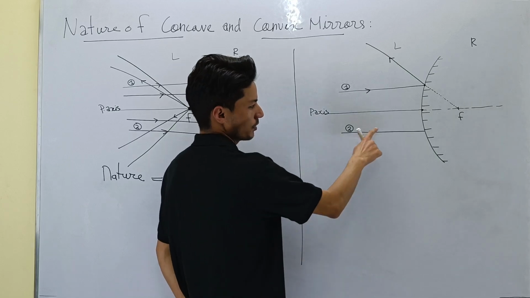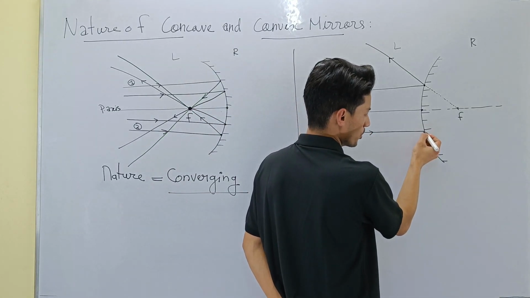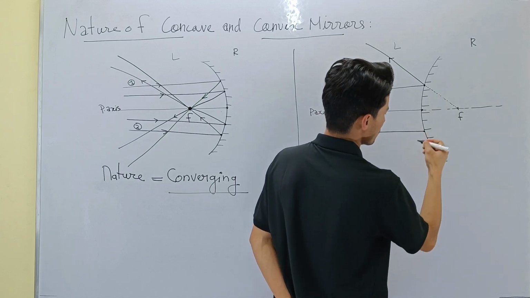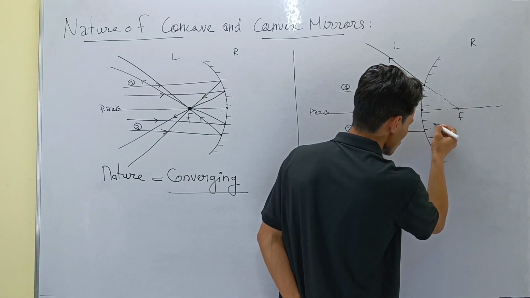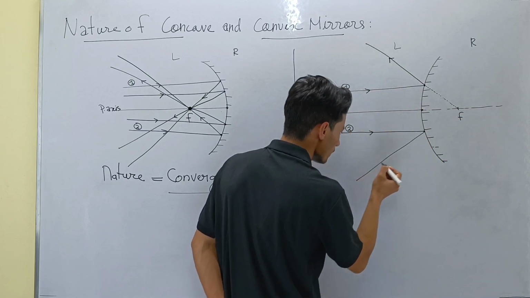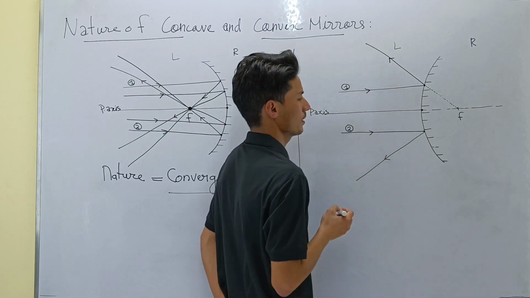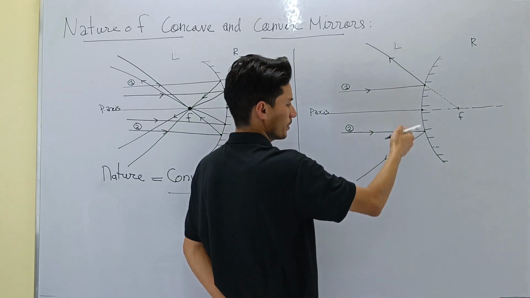Now for ray number 2 also, reflection will take place. This is the point of incidence, so it will reflect. But remember that on backtracing, it should come to the focus. So make sure that your diagrams are correct. Like this, this is the reflected ray. Look at the two reflected rays.